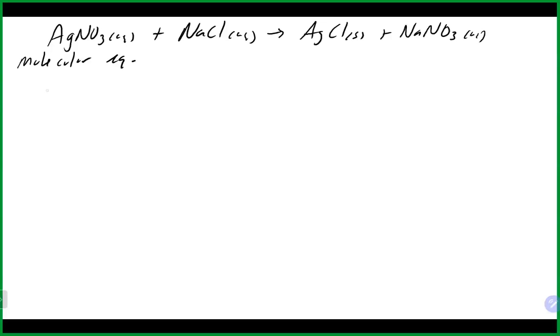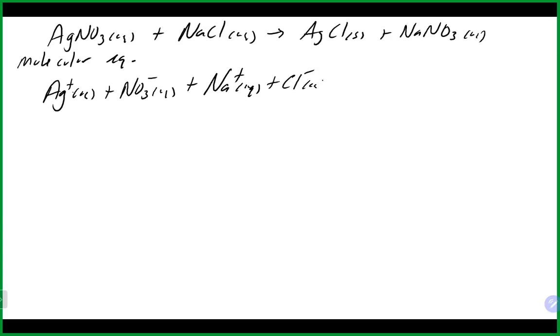But because silver nitrate is a strong electrolyte, we could break it apart into a silver ion and a nitrate ion. Sodium chloride, also a strong electrolyte, will break apart into a sodium ion and a chloride ion. Silver chloride, which is a solid, will stay together. Anything that's a solid, a liquid, a weak electrolyte stays together, or a gas. And sodium nitrate is a strong electrolyte, which means it will break apart.